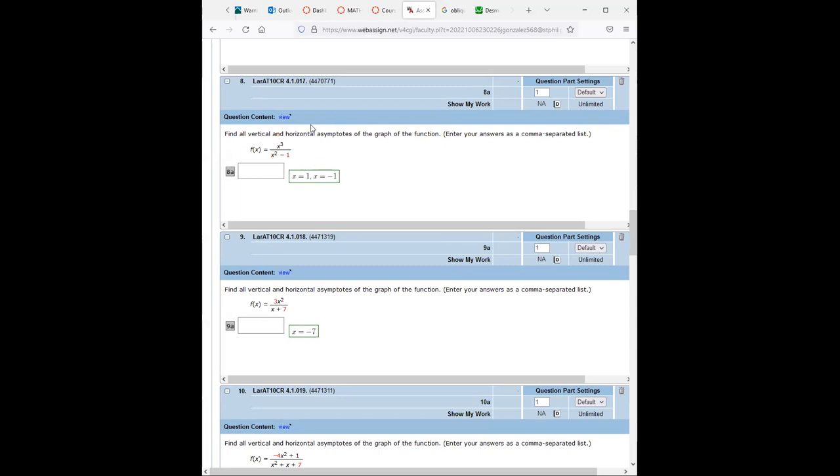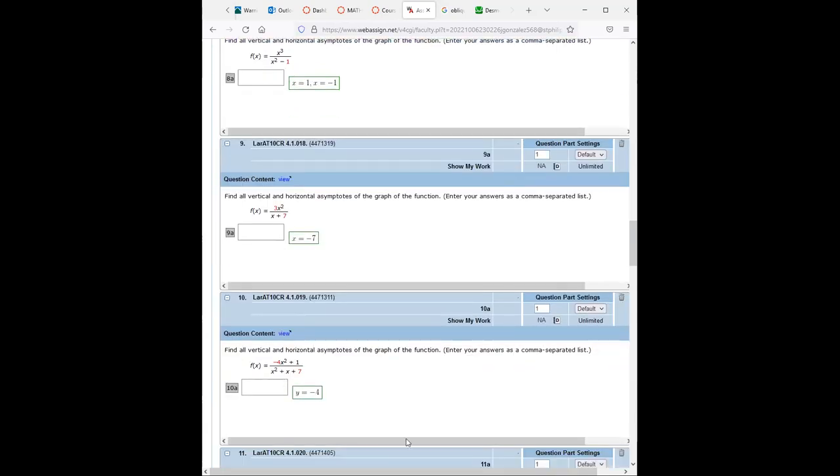Number 8 has no horizontal because it's scenario 3 on your notes, right? This is probably an oblique type. Same thing here, but they didn't ask us to find it, it looks like, so I'm not going to worry about it.